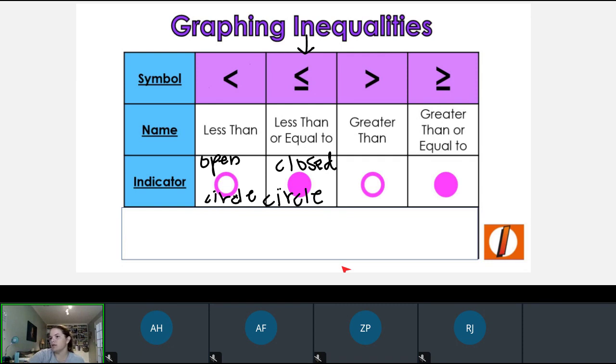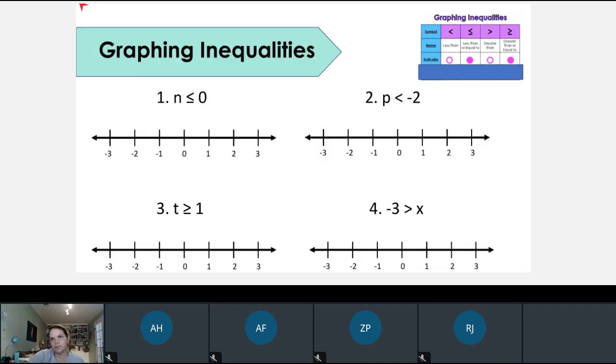Let me show you what I mean when I say open versus closed circle. I'm going to read the first one, number 1. It says n is less than or equal to 0. Whatever your number is on the right, mine is 0, I'm going to draw a circle around 0 on my number line.